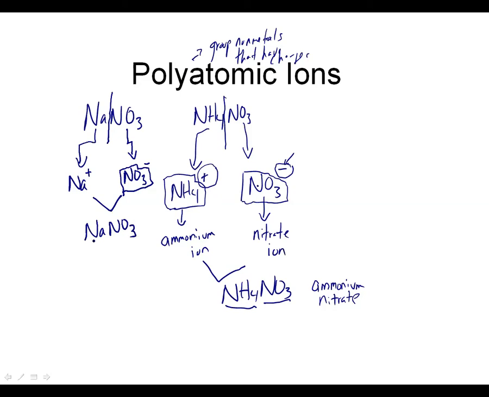So when we would name this, we would follow kind of the same rules. So this is sodium, which is group 1, has a fixed charge, which means we just need to use sodium. And again, here we would use the name of that guy, which is nitrate. So this would be known as sodium nitrate. Again, still a +1 -1 in terms of balancing out the charge.